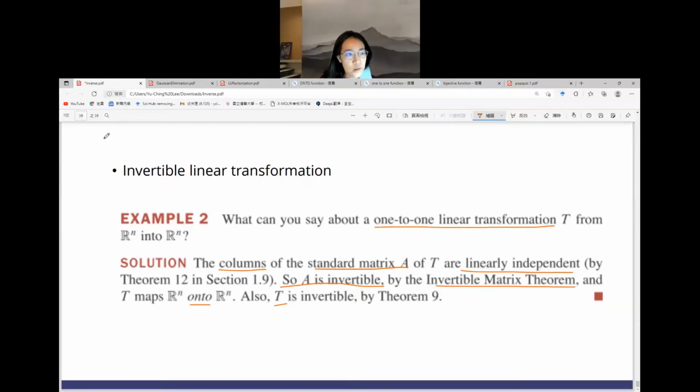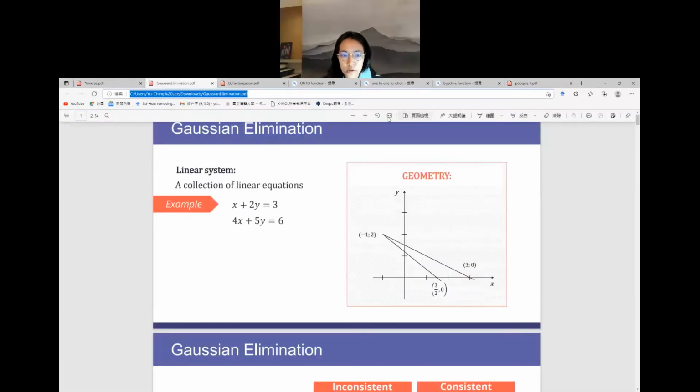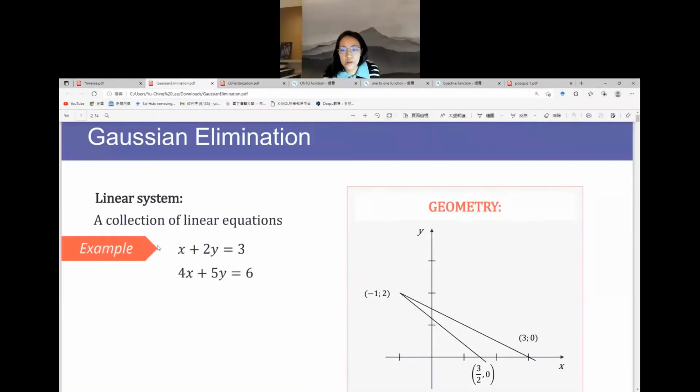Okay, now we enter Gaussian elimination. So here is what we call a linear system. We are collecting linear equations like this, and there's a corresponding graph for these x and y two-dimensional linear equations.